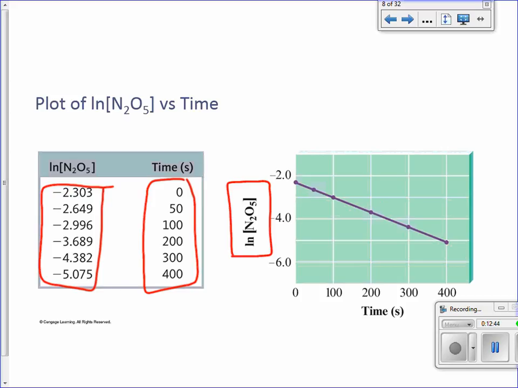So this really represents negative k, because k represents the slope here. But as you saw in the equation, there's a negative sign in front of the k to make it positive, because you can't really have a negative rate constant. So when you graph the data, if you do the natural log of your concentration and you get a straight line like this, you know it's going to be first order. And pretty much that's what you're going to see.